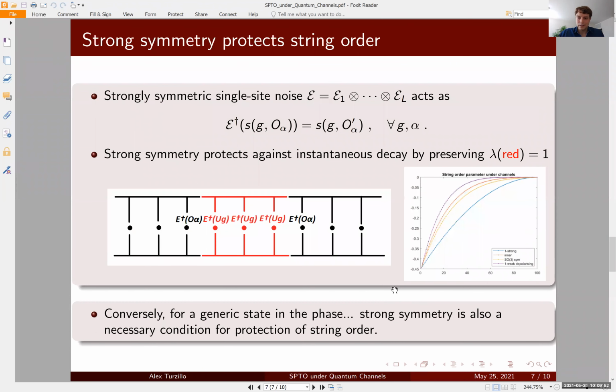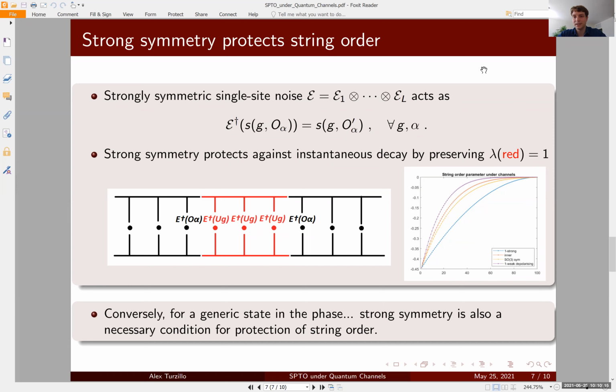Well, I claim that strongly symmetric channels preserve string order. So the bulk of the string operator was just this symmetry U_G, and one way of writing down the strong symmetry condition is to say that the channel maps U_G to U_G, so that part's fine.